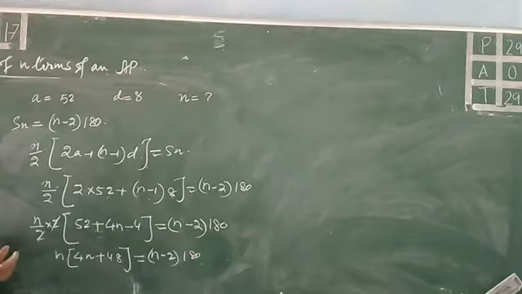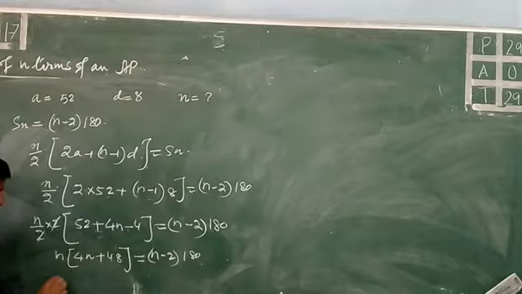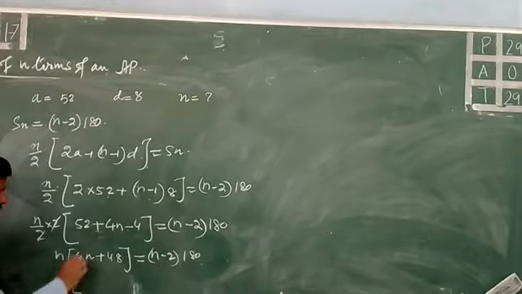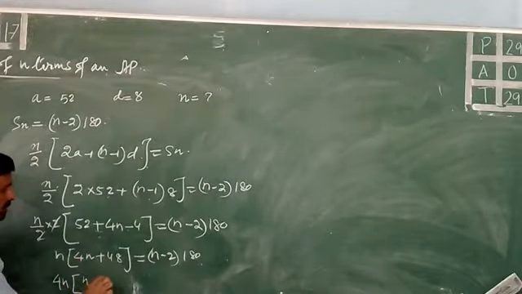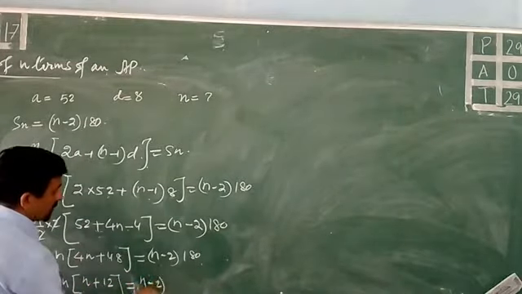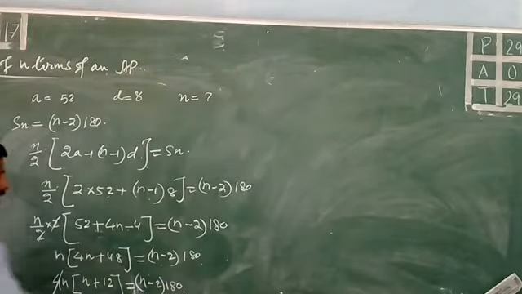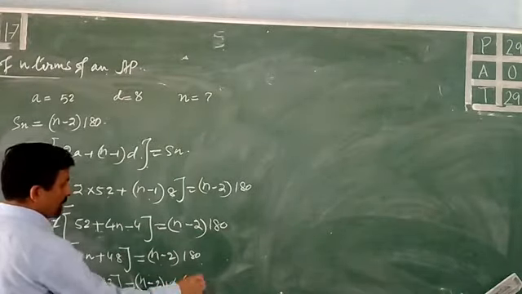We will try to write the question as simply as possible so that the calculation becomes easy for us. There is a common divisor of 4. So we take it out: 4n, and this will become just n, and this is 12. This is (n minus 2) into 180. This 4 and this 45.